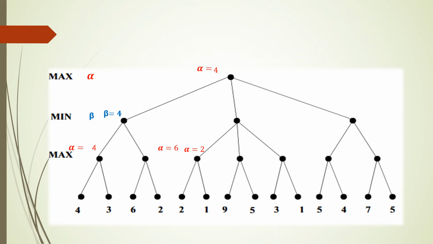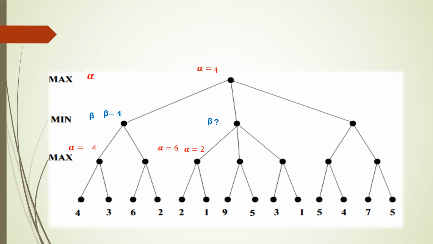Now again max will search this node, so the value at this node is equal to 1. It will again compare the value of this node with the current value of alpha, which is equal to 2. So alpha will return the value of 2. So here the value of the node becomes 2, and the value of alpha is equal to 2. Now here we have to find the value of beta at this node.